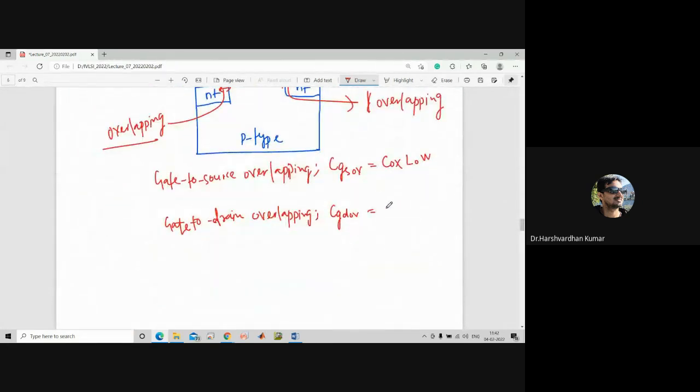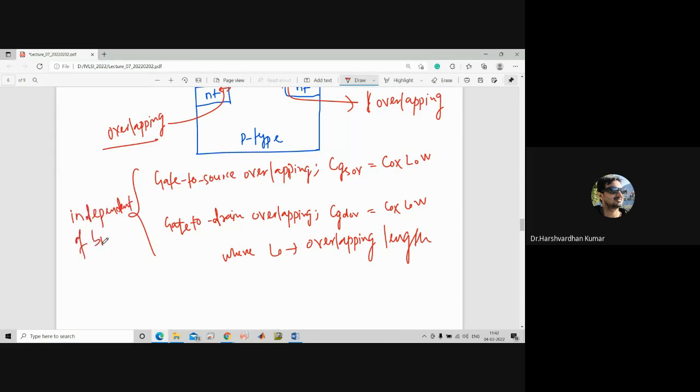So this will be equal to COX L0 W, where L0 is the overlapping length. Now you have to observe that this parasitic capacitance is independent of biasing.